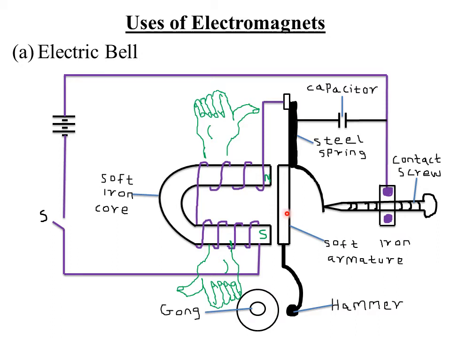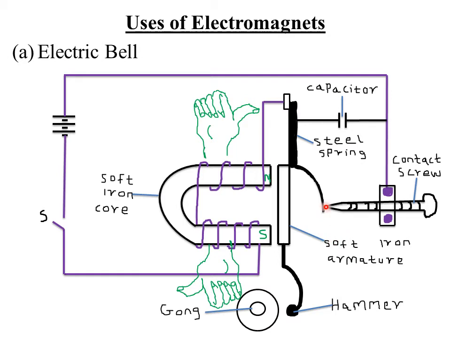Now, as the soft iron armature is attracted to the poles of the electromagnet, or the soft iron core, which has been magnetized as a result of the current flowing through the solenoid winding it, the attraction of the soft iron armature breaks this particular contact. Remember, when the soft iron armature is attracted, the steel spring also moves with it.